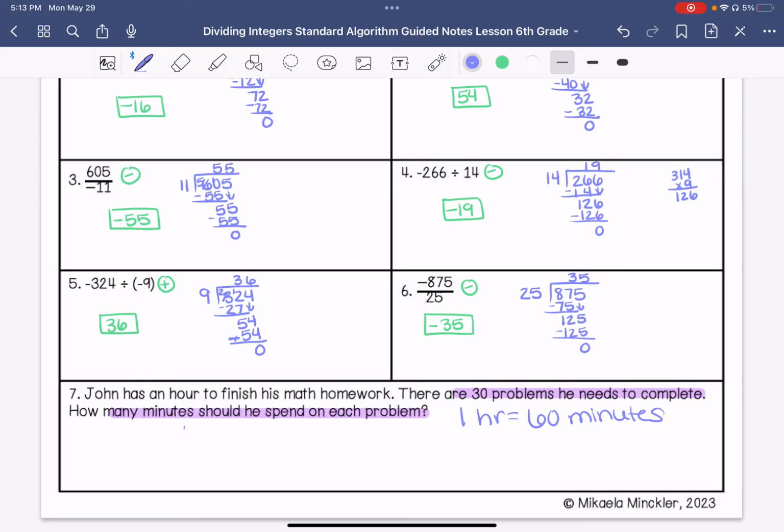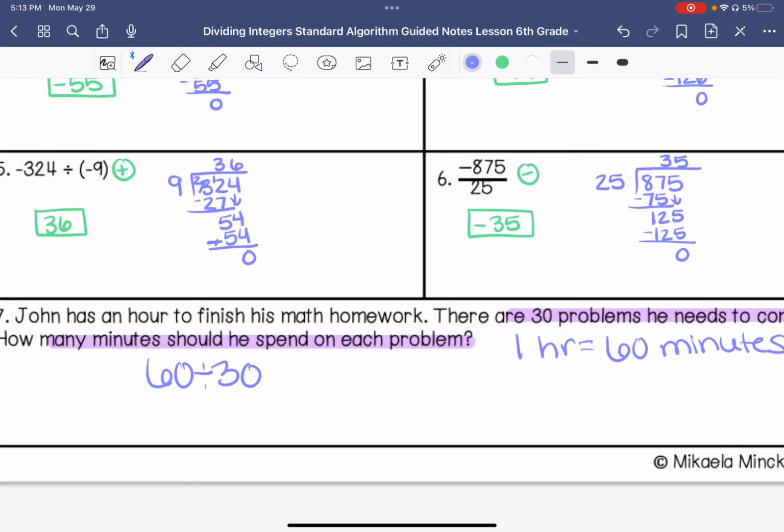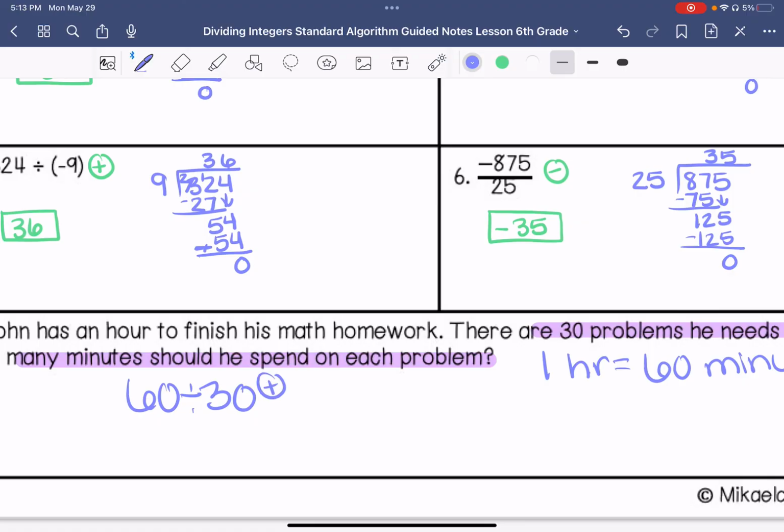So this is 60 divided by 30. My answer is going to be positive. And 30 goes into 60 twice. 30 times 2 is 60. So my answer is 2 minutes per problem.